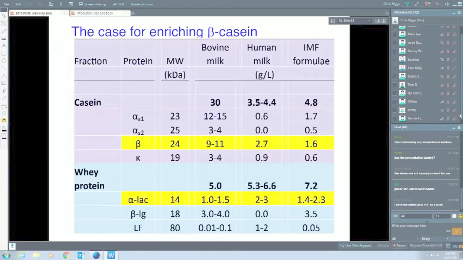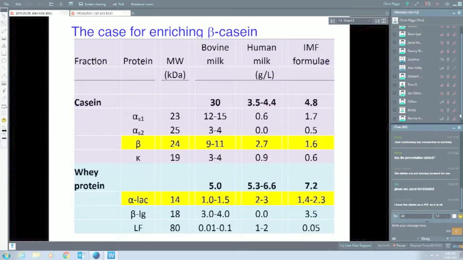There's very little alpha S1 casein. There's essentially no alpha S2 casein, and there's some kappa casein. So from a formulation point of view, the main casein of interest in making infant nutrition products is beta casein.